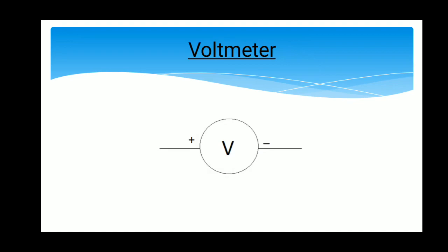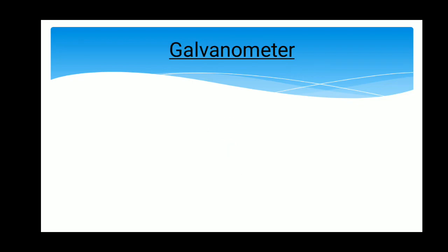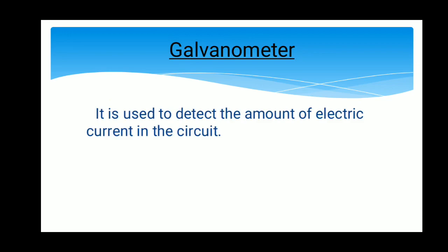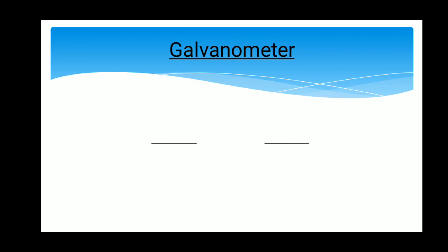This is the symbol of a voltmeter. It also has 2 terminals, positive and negative. Galvanometer. It is used to detect the amount of electric current in the circuit. This is the symbol of a galvanometer.